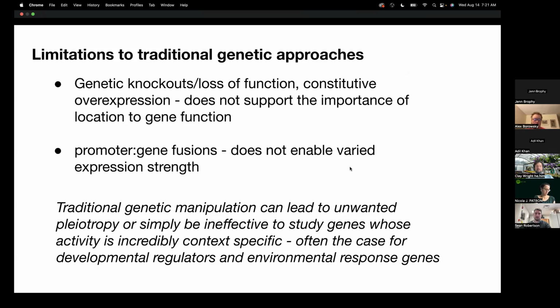So overall, we really can have a lot of pleiotropy or just be ineffective to study genes that have very context or location specific activity. And this is often the case for developmental regulators or other environmental response genes, where we really do care a lot about these types of genes. And so having other tools in our toolkit is really important.